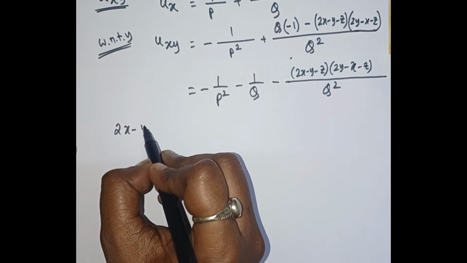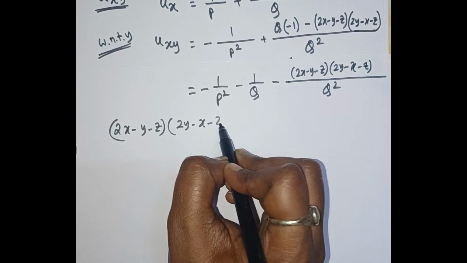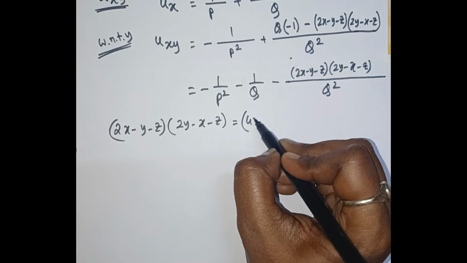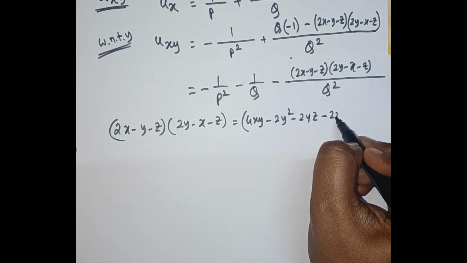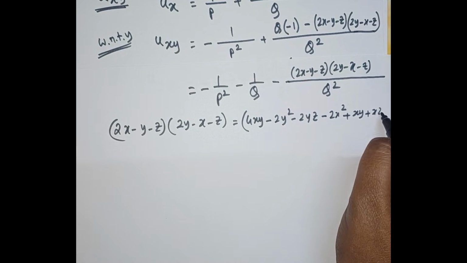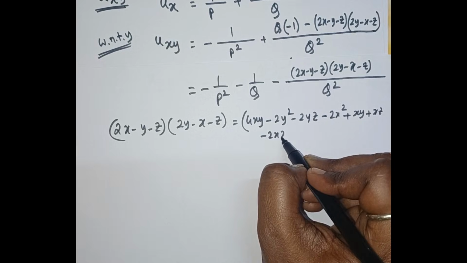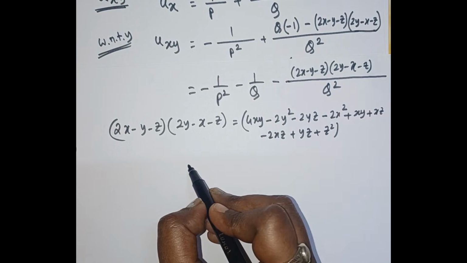So we need to simplify the above part, 2x minus y minus z and 2y minus x minus z. If we simplify this, this will be 4xy minus 2y square minus 2yz minus 2x square plus xy plus xz minus 2xz plus yz plus z square.